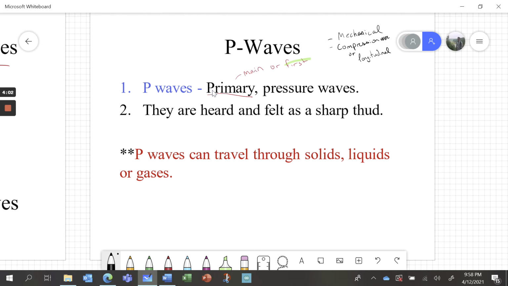The P waves can travel through solids, liquids, and gases. The reason you can hear these waves is because they do travel through the air, just like sound waves.